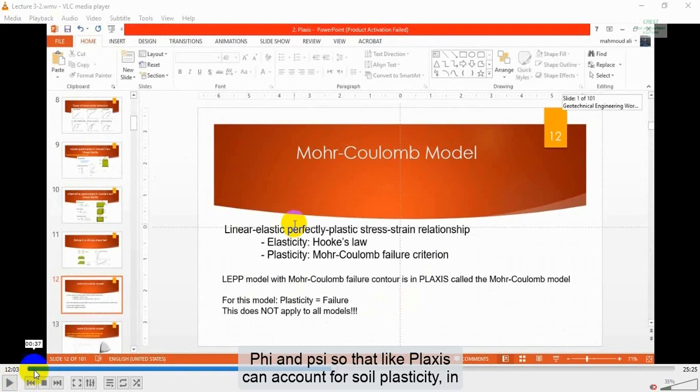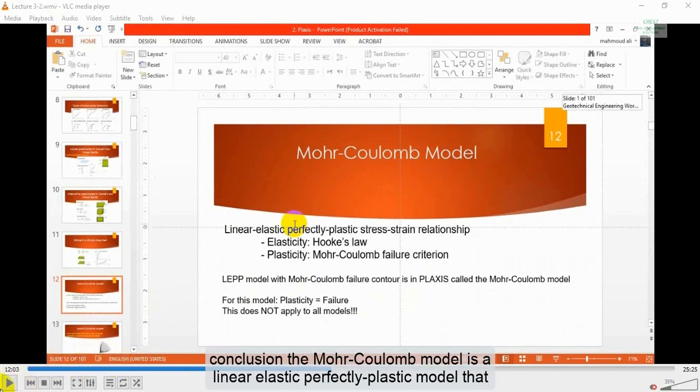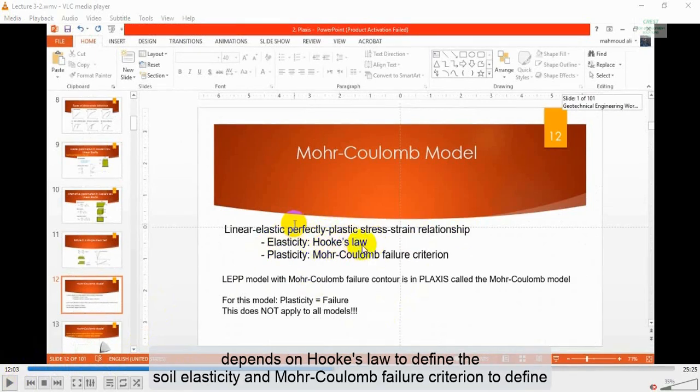In conclusion, the Mohr-Coulomb model is a linear elastic perfectly plastic model that depends on Hooke's law to define the soil elasticity, and on the Mohr-Coulomb failure criterion to define the soil failure.